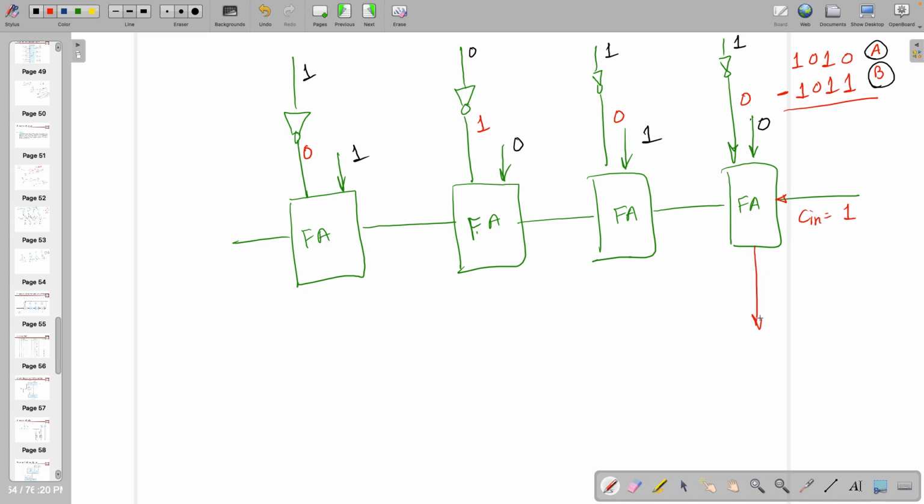Now adding all these, now let's look at the answer. So this will give you 1, this is 0, 1, and this is 0, right? So you have to repeat the process. First of all, you have to take the 2's complement of this one. This is 1, 1, 1, 1, all 1.